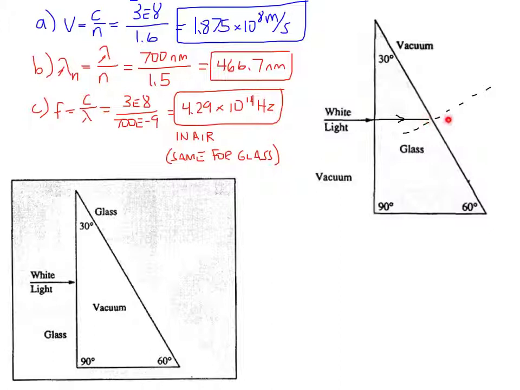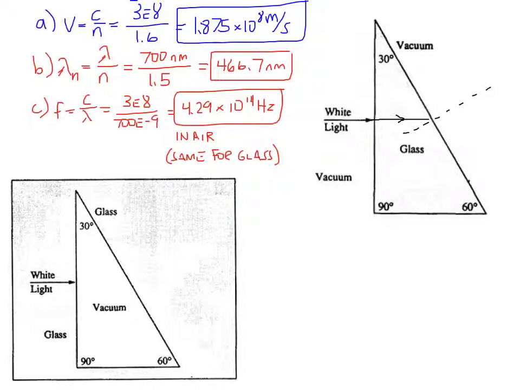So instead of going straight through like this, it's going to bend away. But remember that the index of refraction is greater for the blue light. It's 1.6 as opposed to the red light, which is 1.5, which means the blue light is going to bend more. So the white light separates out into the components.